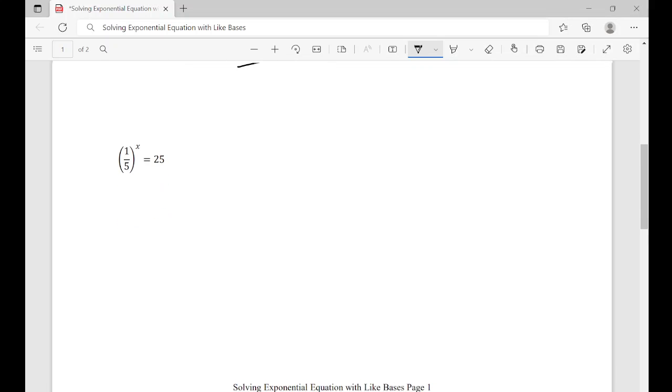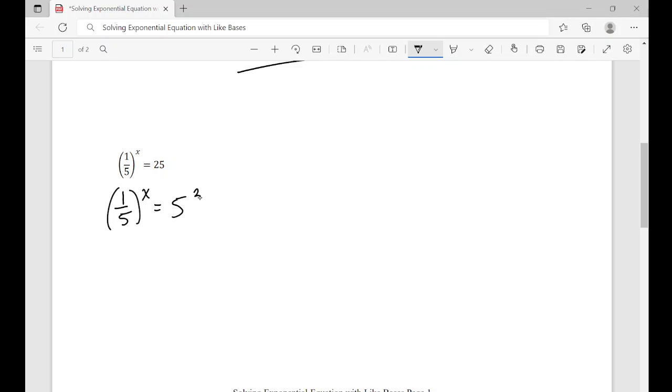So there's some easy ones. Let's do one that's a little bit more challenging. 1/5 raised to the x equals 25. Well, this has a base of 1/5, and this is a 25. I can take 25 and say it's just 5 squared.